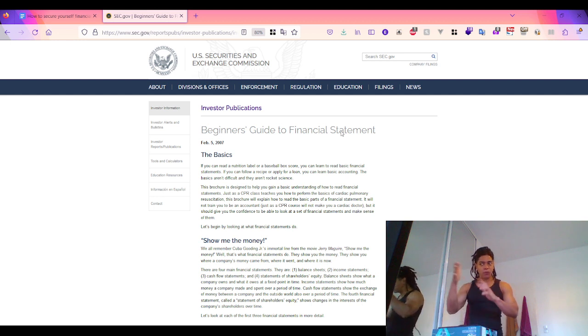And then I look at the most common operating liabilities, such as accounts payable, accrued expenses, deferred revenue, short-term borrowing, income taxes payable, notes payable, and warranty obligations.